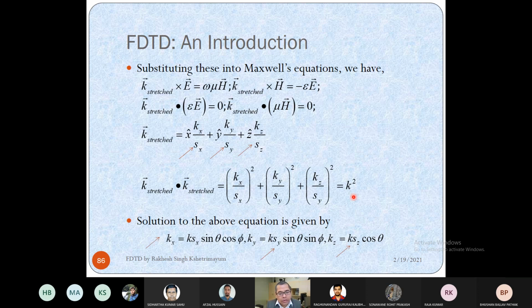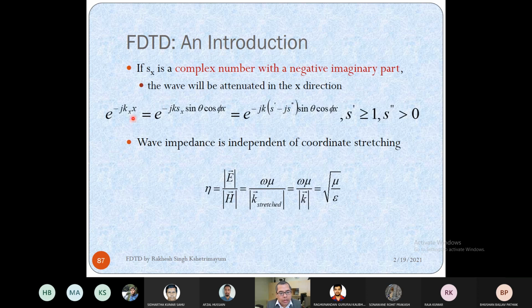Just look at it, for example, any wave which is propagating along the positive x-axis. How do I write it? Exponential minus jkx x. What was our kx? Kx was K sx sine theta cos phi. Now, I can take any kind of scale factor Sx because we are in the simulation domain.